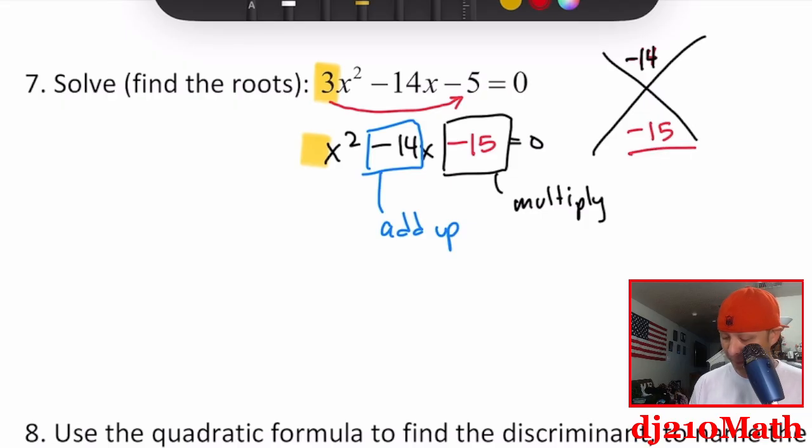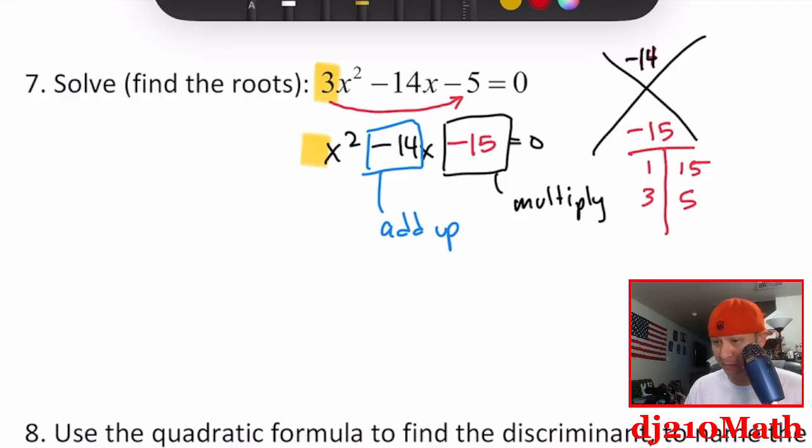So I personally put the -15 on the bottom so I can put my little T chart the way I'm doing right now. If the numbers were switched, it wouldn't matter, but I wouldn't be able to make my little list that I'm making right here. So 1 and 15, 3 and 5. These numbers multiply to make 15 all day. But I need it to make -15.